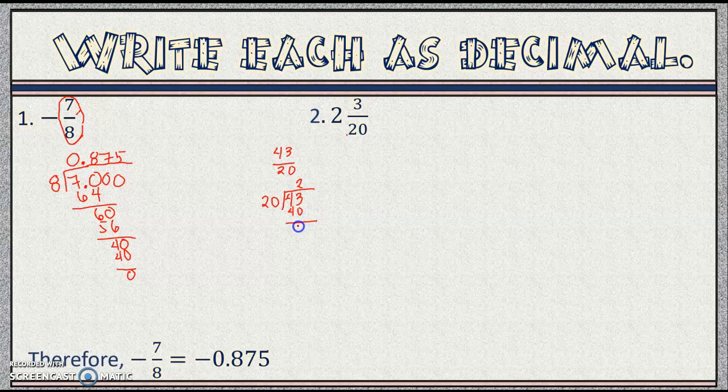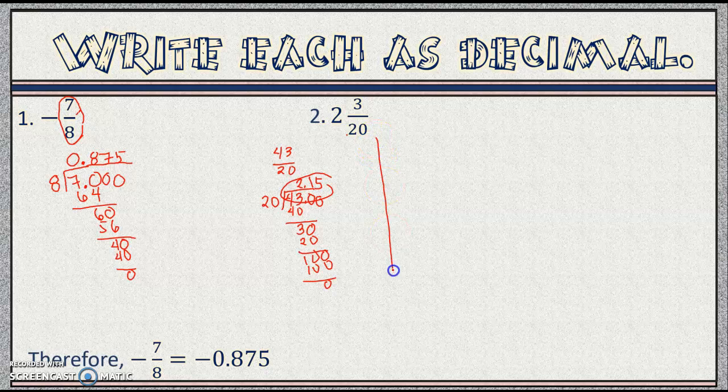Then subtract. So 3. We will add 0. Bring down 0. 30 divided by 20, 1. Multiply. 1 times 20, 20. Subtract. 10. Add another 0. 100 divided by 20 is 5. Then 5 times 20, 100. Then remainder 0. So the answer is 2.15.